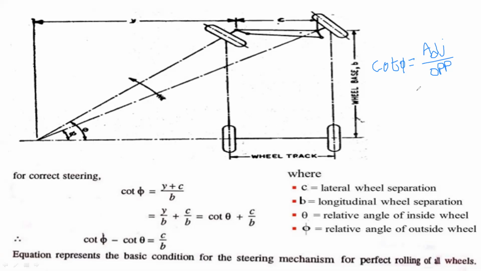Then I get y plus c by b. This is the distance y, and in between the wheels the distance c.